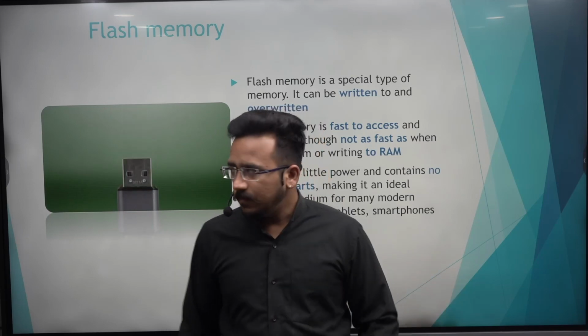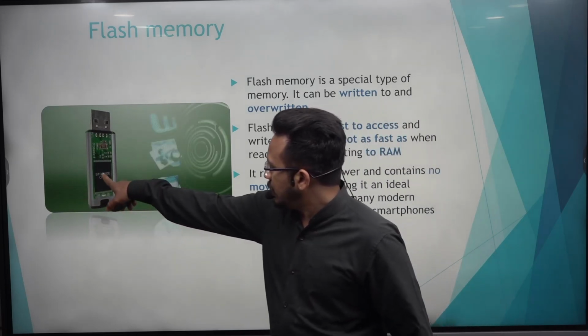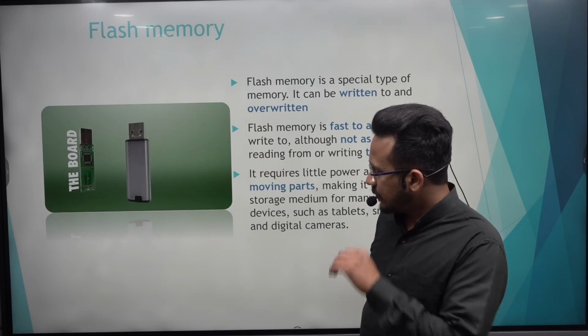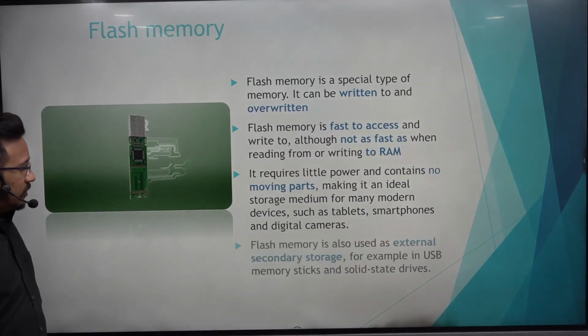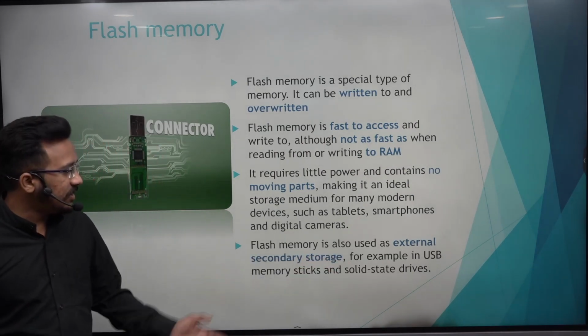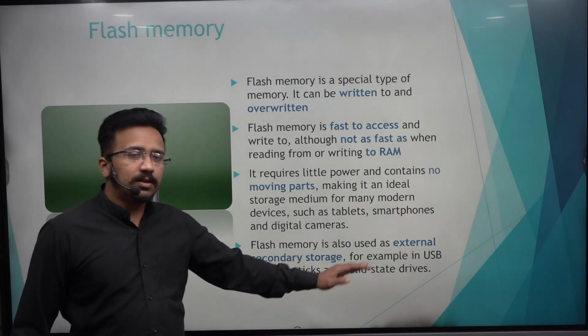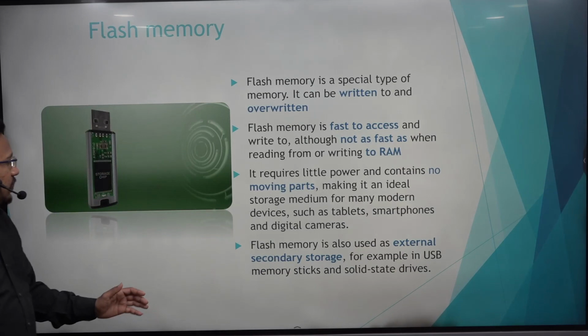Flash memory. The storage chip, this black part. Flash memory is also used as external secondary storage, for example, in a USB memory stick and in a solid state drive.